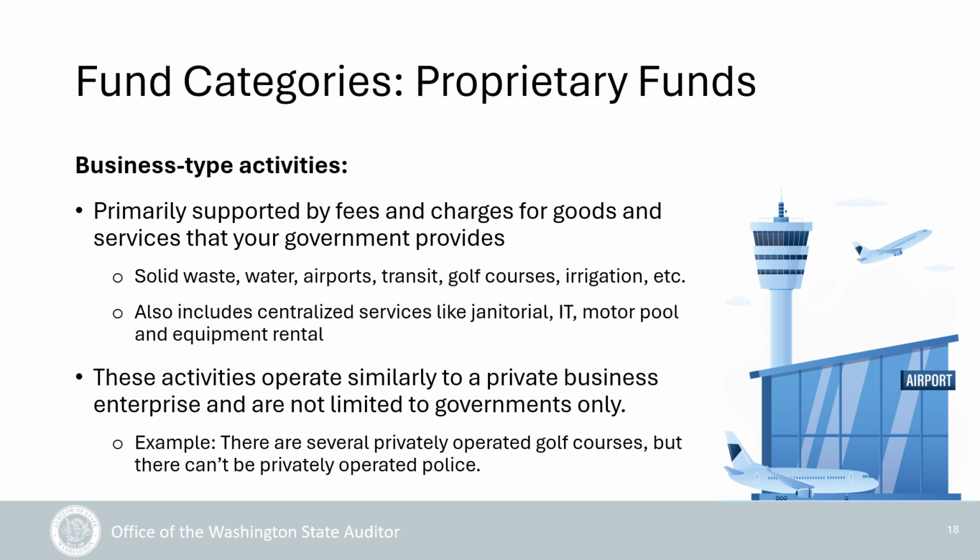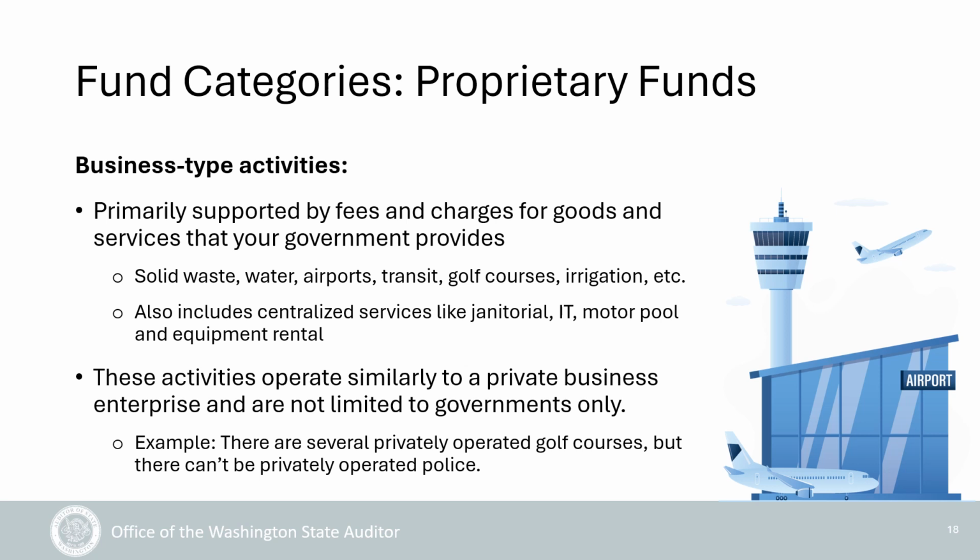A lot of cities and counties own their own golf course. These courses are business-like because we shouldn't technically be using taxes from our citizens to support the golf course. Since these are not for the general benefit of the public, and citizens may feel like there are more important uses for their taxes.